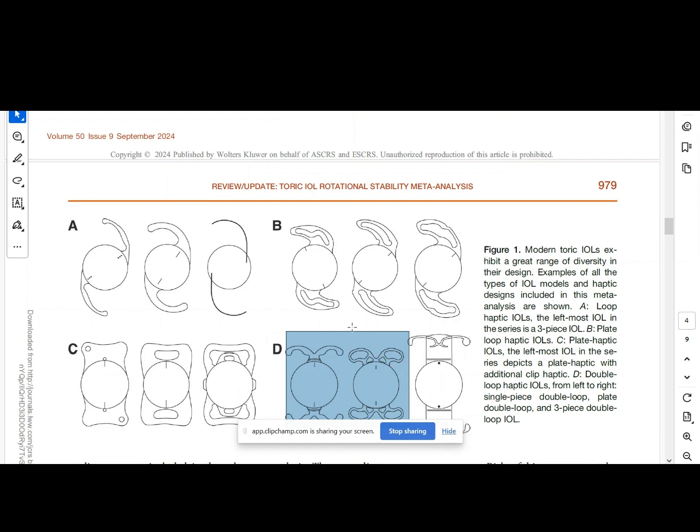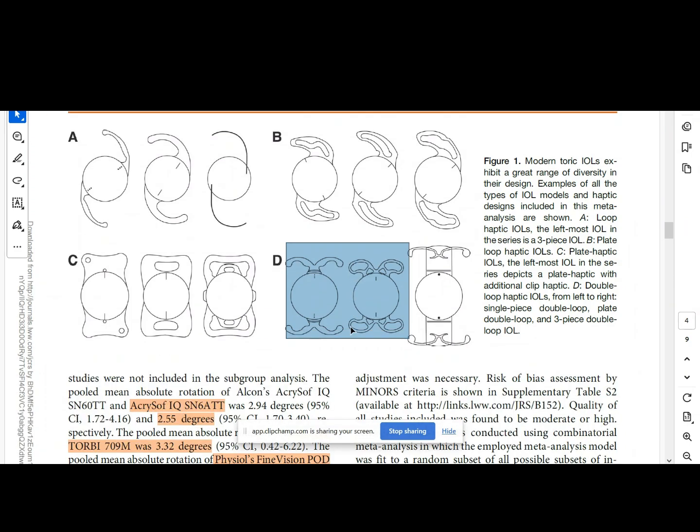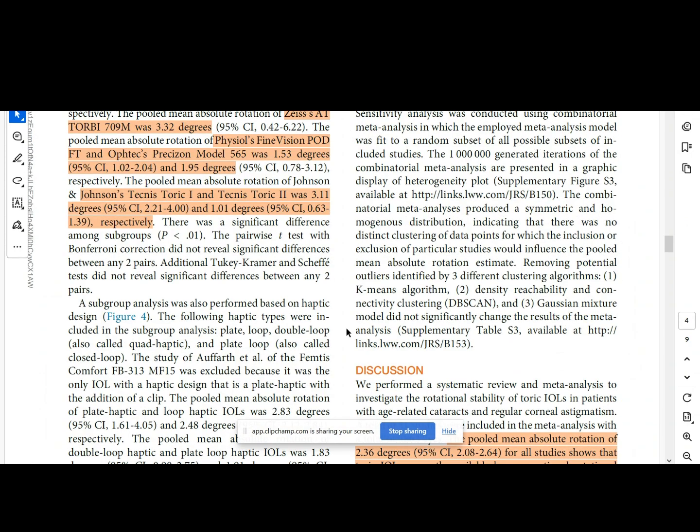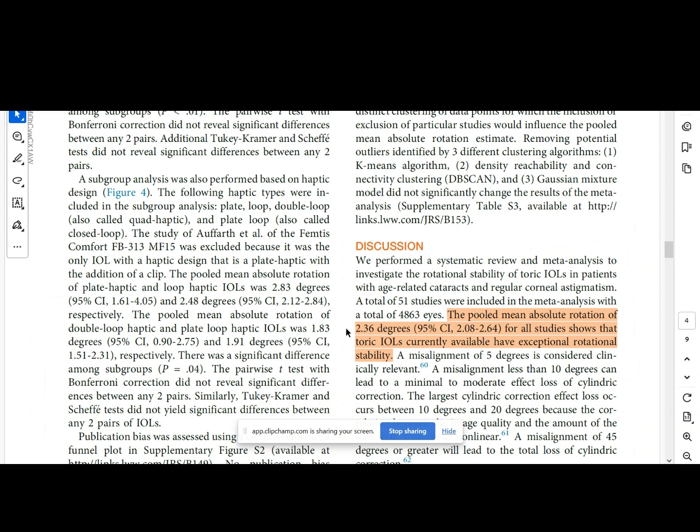After analyzing 51 studies, this group reported a mean rotation of 2.36 degrees. All haptic designs taken together, all the toric IOLs they have studied from these 51 studies, the mean absolute rotation was 2.36 degrees, right?